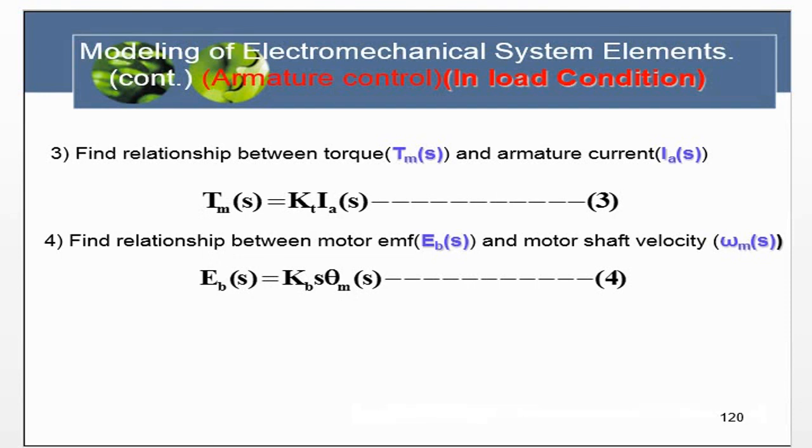Okay, now we find the relationship between torque Tm(s) and armature current Ia(s).